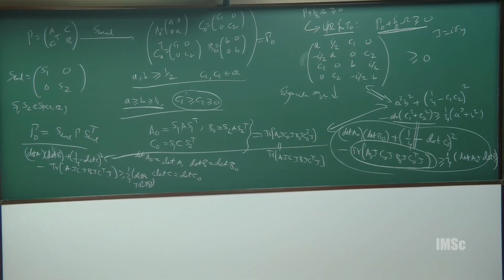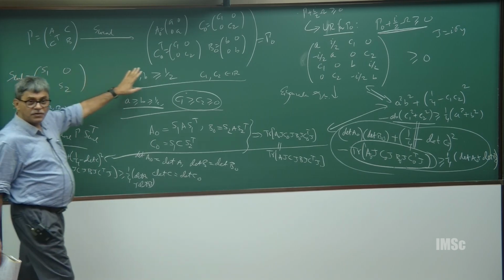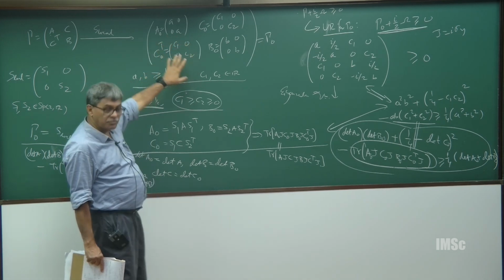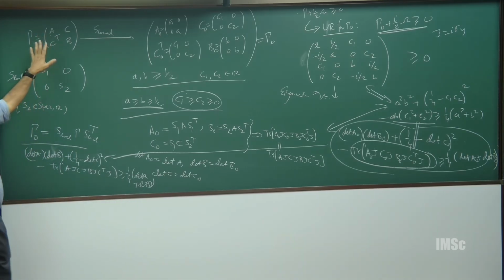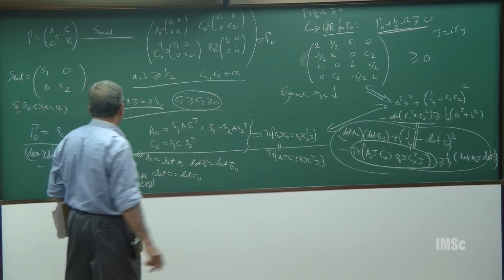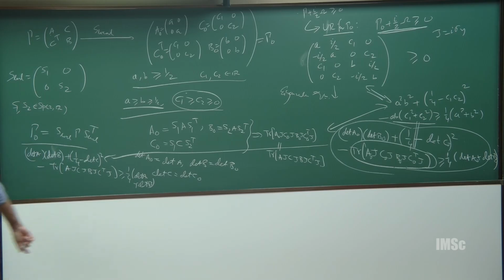So, this means that the uncertainty relation, so if you can prove uncertainty relation for this matrix, it is equivalent to proving uncertainty relation for this matrix, right. In the same way, if I can prove uncertainty relation for, let me erase this part.